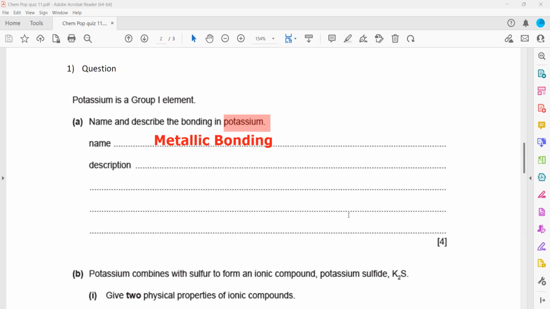And then how do we explain this metallic bonding? There is a regular arrangement, or lattice, of positive ions, and free electrons are there, which are held together by a strong electrostatic force. So how do you score the remaining 3 marks? You will mention there is a lattice of positive ions.